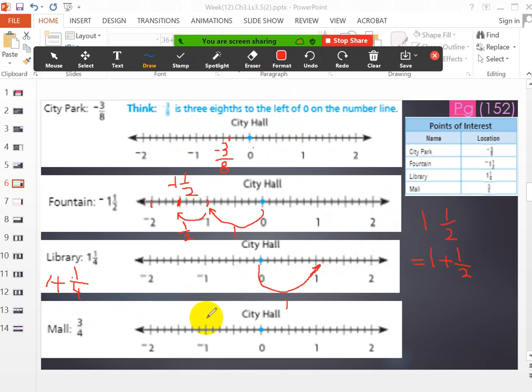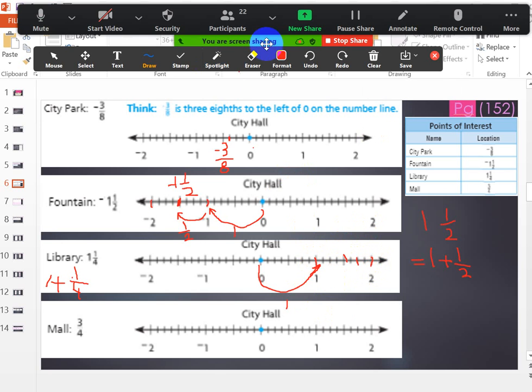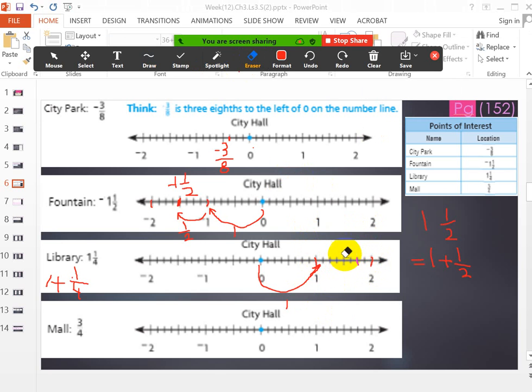1/4 means I have to divide the distance between 2 wholes into 4 equal parts. Yes, of course we will work on the positive. Thank you, Lena. Lena mentioned that we have to work on the positive side because we have a positive rational number, okay? Now, 1 over 4 means I have to divide the distance between those two wholes into 4 equal parts, like this and this.